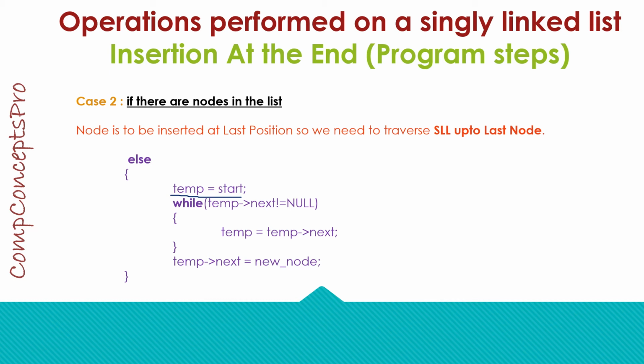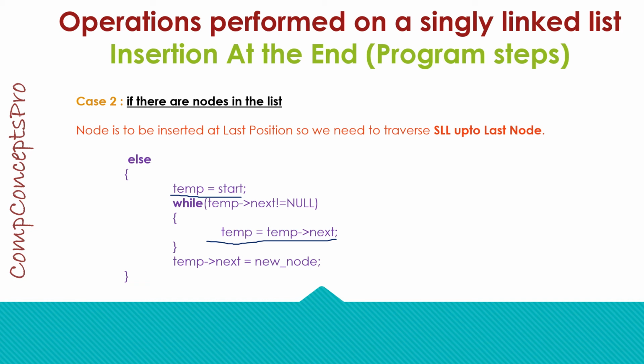During each iteration of the while loop, the temporary pointer will be shifted to the next node. And finally, when the value of temp will become null, the while loop will stop iterating, and at this point, the temp pointer will be pointing to the last node of the linked list.